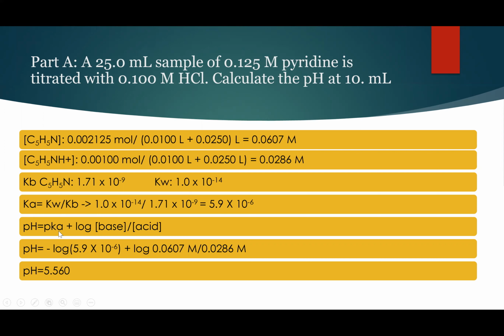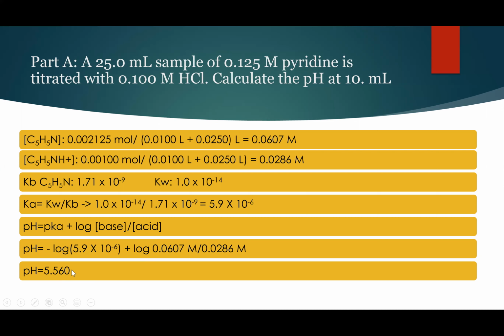We're going to use the Henderson-Hasselbalch equation: pH equals pKa plus log of the concentration of base divided by the concentration of acid. pH equals negative log of Ka, which is pKa, plus log of 0.0607 molar divided by 0.0286 molar, which gives us a pH of 5.560.